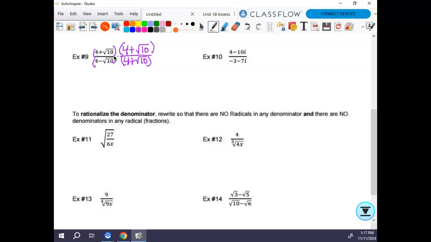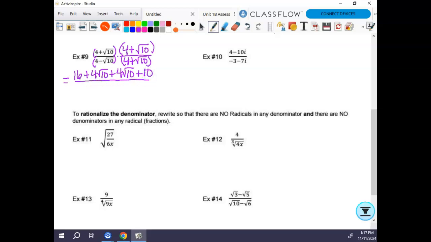So in the numerator, this is a special case, but it's not necessarily one we always remember. So probably most of us would just FOIL this anyway. So we multiply the first 2 together. 4 times 4 is 16. Stop me sooner if I do something stupid. The outside 2 is going to be plus 4 square roots of 10. The inside 2 would be plus 4 square roots of 10. And then the last 2, square root of 10 times the square root of 10 is 10.